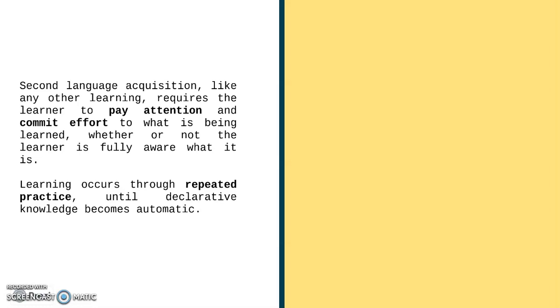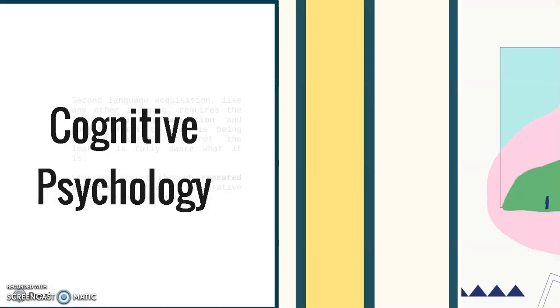A number of information processing theories suggest that language, like other skilled activity, is first acquired through intentional learning of what is called declarative knowledge, and that through practice the declarative knowledge can become proceduralized, and with further practice still it can become automatic. According to the information processing model, learning occurs through repeated practice until declarative knowledge becomes automatic.